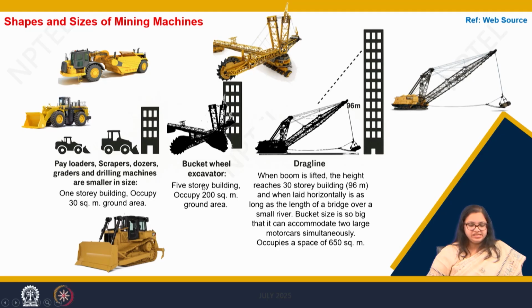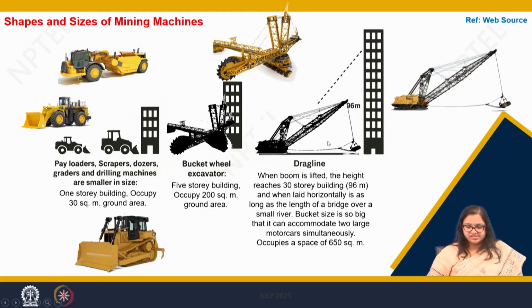However, when we see a bucket wheel excavator, it is as high as a 5-story building and occupies 200 square meter ground area. And for a dragline, when its boom is lifted, the height reaches that of a 30-story building, that is 96 meter, and when laid horizontally, it is as long as the length of a bridge over a small river.